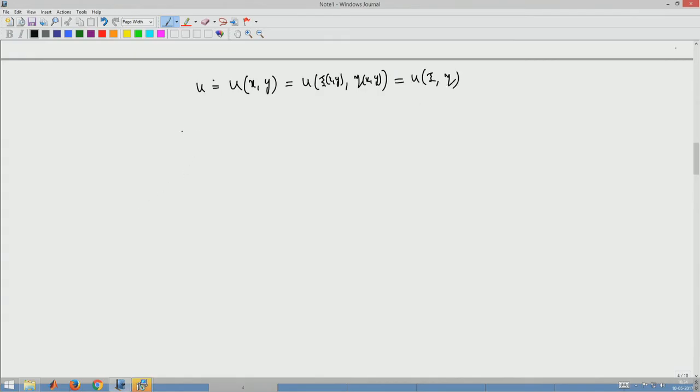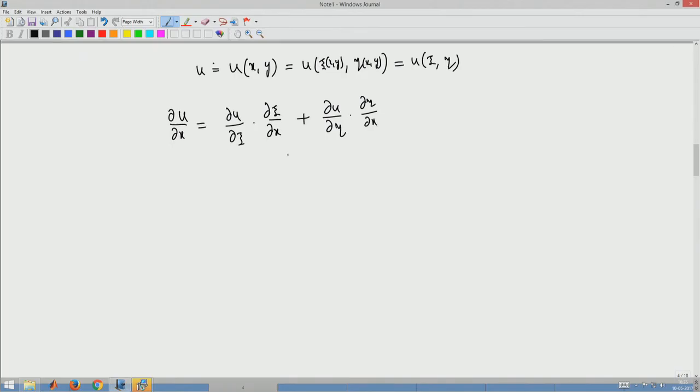So, what you have is u_x, dou u by dou x, is actually equal to dou u by dou xi into dou xi by dou x, plus dou u by dou eta into dou eta by dou x. That is what my dou u by dou x is.